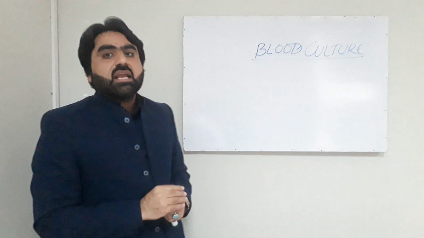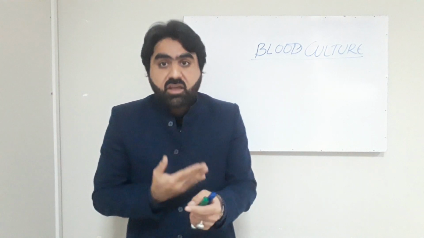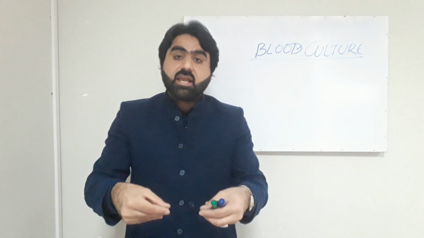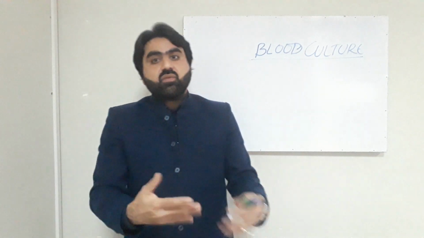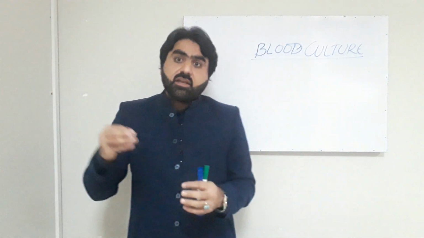Now a little about the most common contaminants. As I told you, contaminants come from the skin of the patient or from the hands of the person collecting the blood, or the instrument which we are using for the collection of the blood specimens, for collection and inoculation both. So we can introduce contaminants in these events.